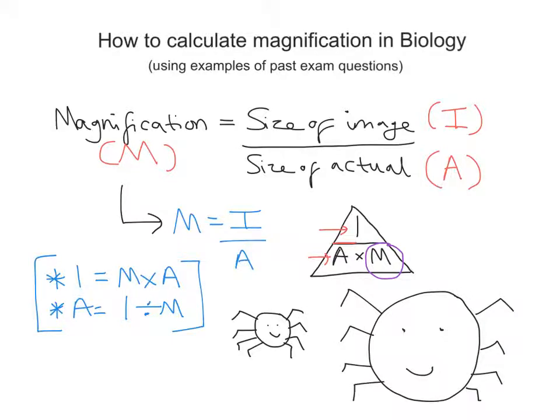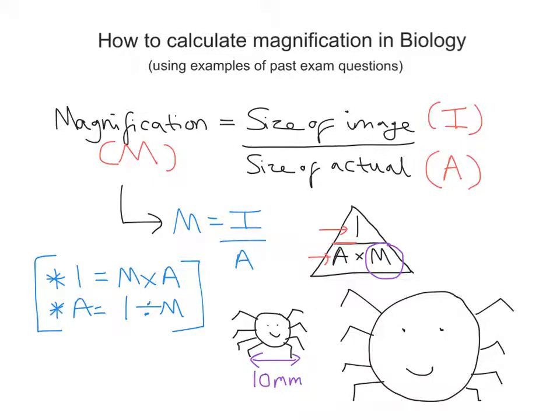Just a really easy example to begin with. Now, when you're measuring length, you always go for the widest part unless the question tells you otherwise. Let's say, for the sake of argument, that this spider is 1 centimetre, so 10 millimetres.